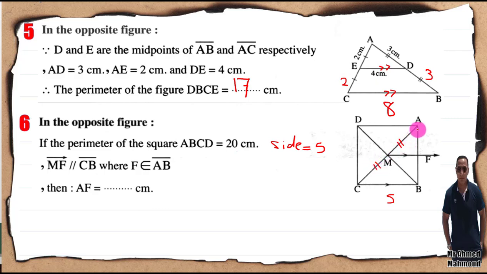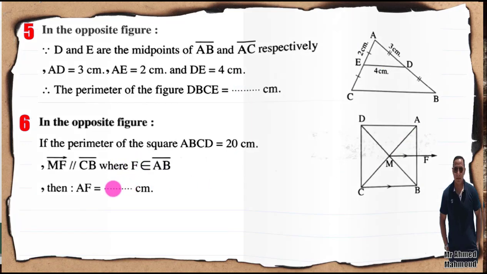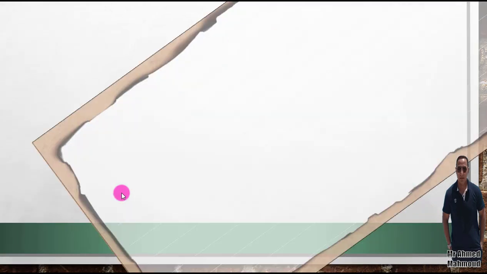So by looking at triangle ABC, M is a midpoint and MF is parallel, so we conclude that F is a midpoint. Okay, here he asked me about AF. AB equals 5, so AF equals 2.5, which is 5 divided by 2.